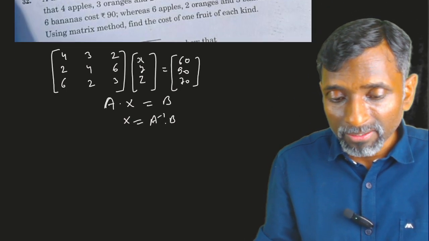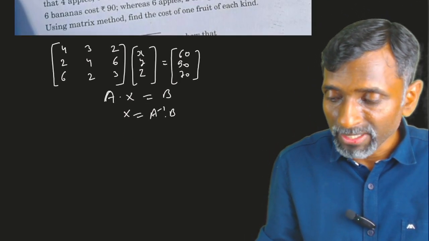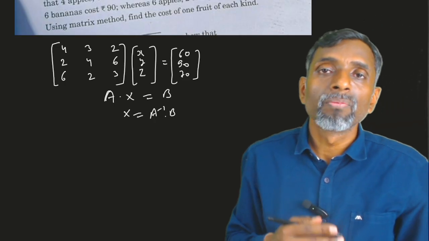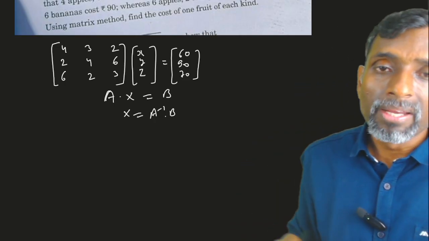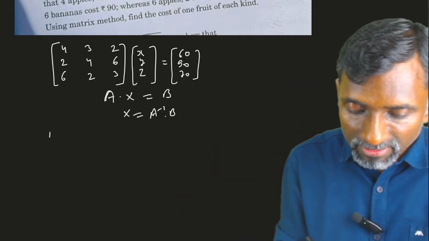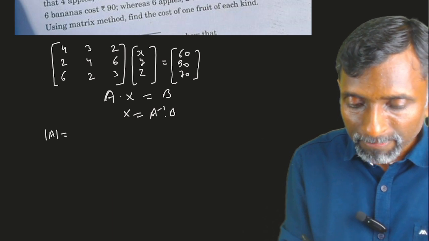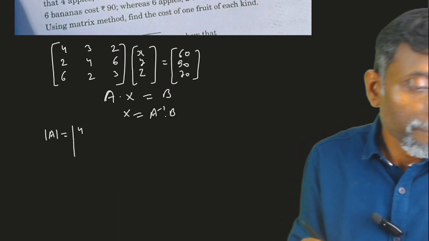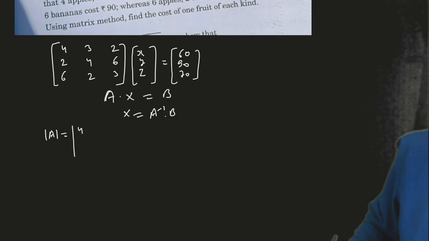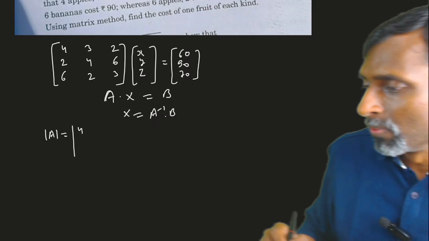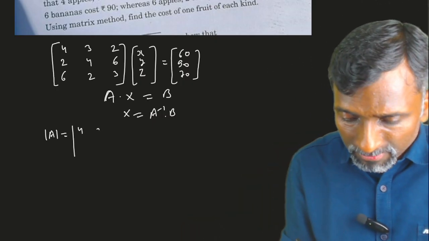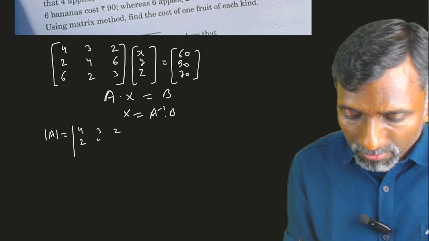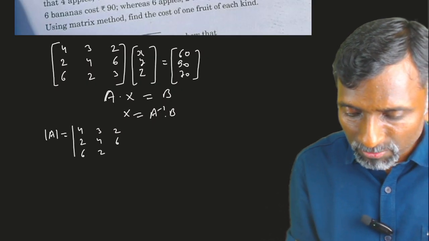We need to find the cost of one fruit of each kind, which means we have to find the values of X, Y and Z. Now to find A inverse, first we can find the determinant of A, which is 4, 3, 2, 2, 4, 6 and 6, 2, 3.